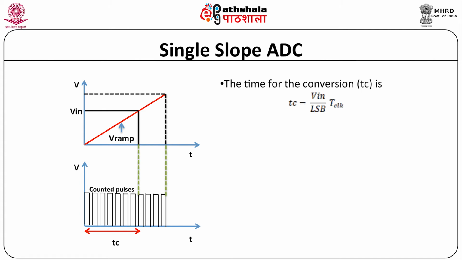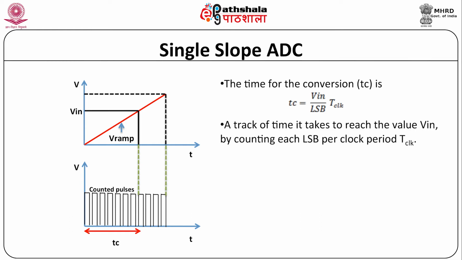The time for conversion of analog to digital, which is referred to as TC, is equal to V in upon LSB into T clock. A track of time it takes to reach the value V in is kept by counting each LSB per clock period, that is T clock.